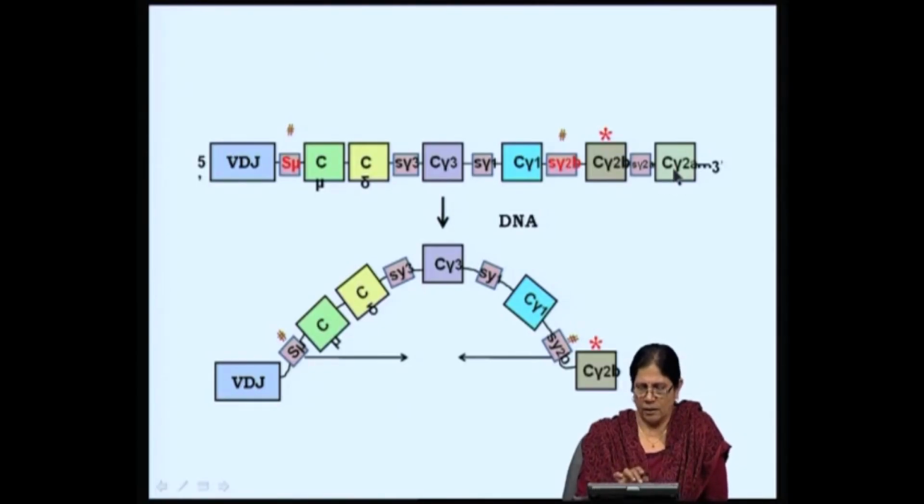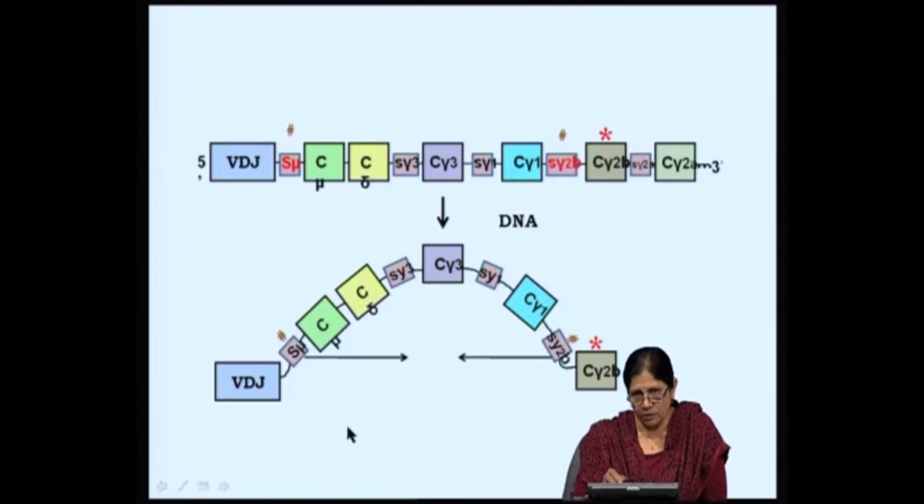Now, let us say in this particular instance C mu is going to class switch with C gamma 2B. Therefore, recombination should take place between switch mu and switch gamma 2B. Looping out takes place.